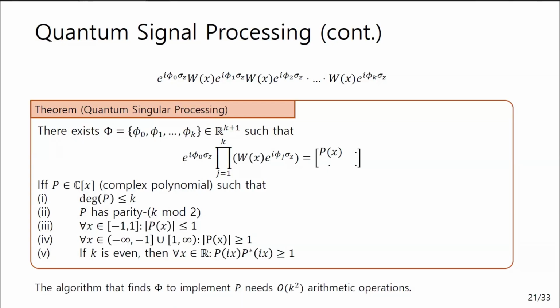And for all x in -1 to 1, the magnitude of P(x) is at most 1, and there are two more conditions.